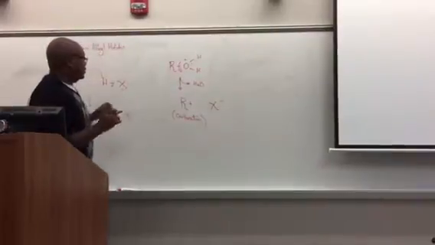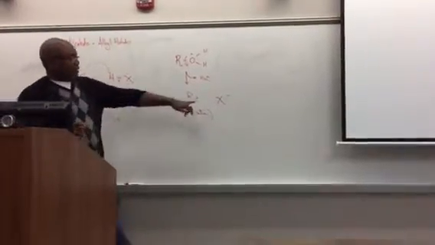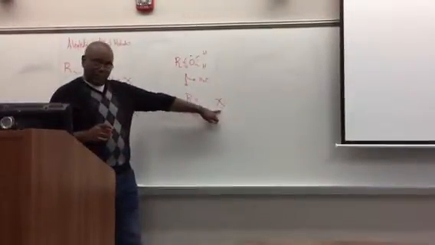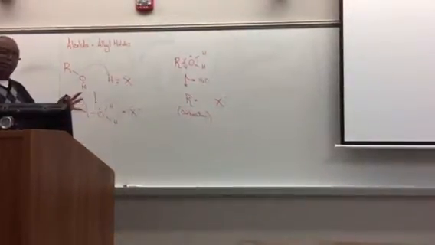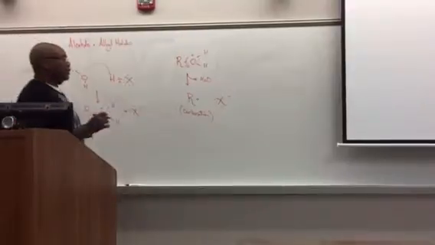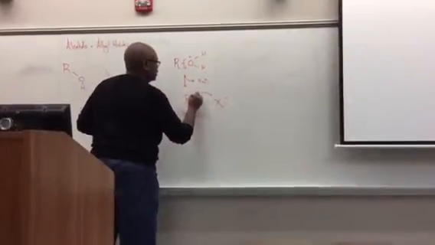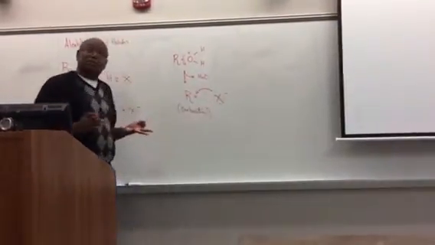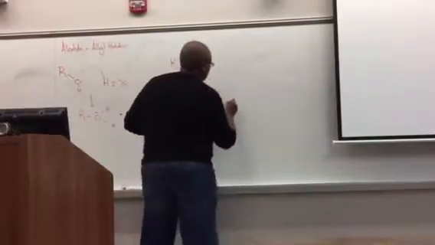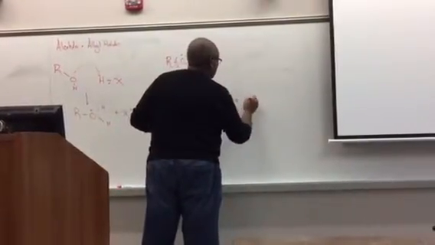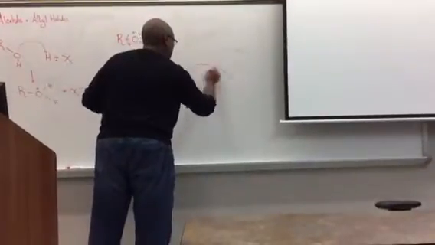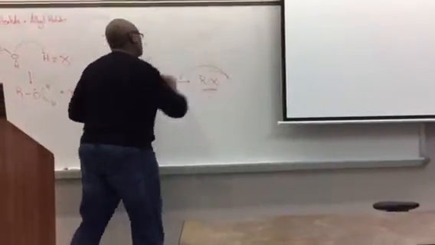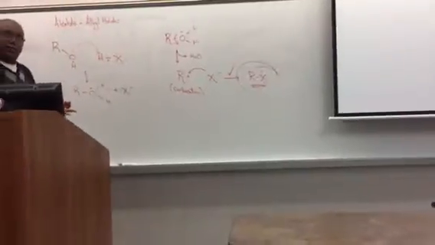A perfect candidate is this halide anion that came from the hydrogen halide. And as the saying goes, opposites attract. And in the end result, you get your alkyl halide.